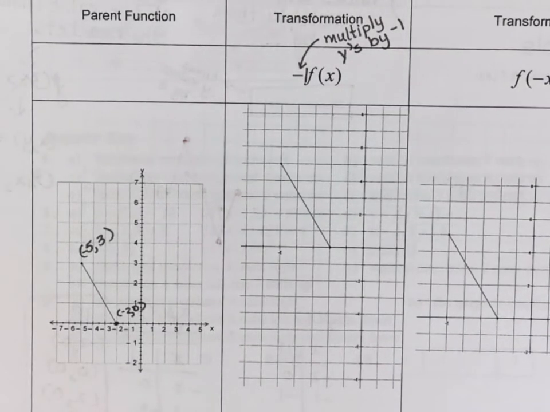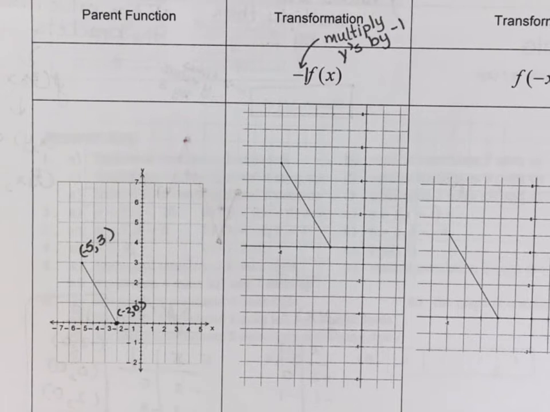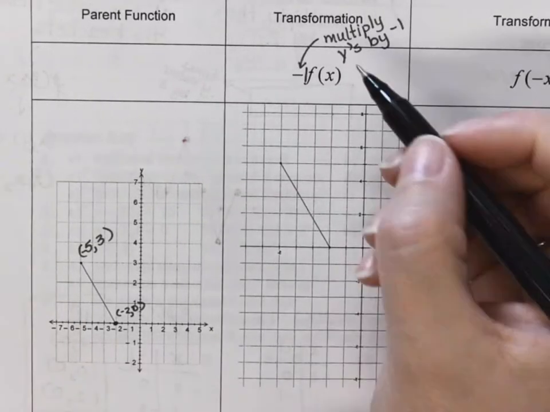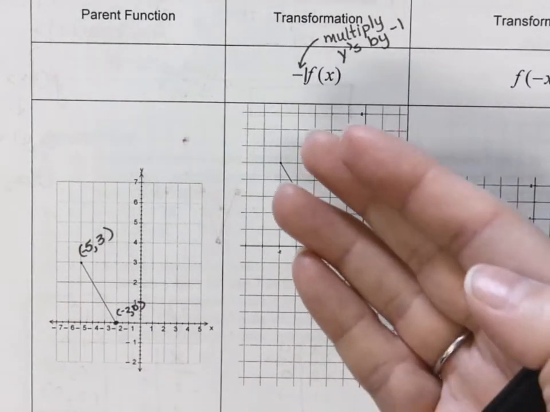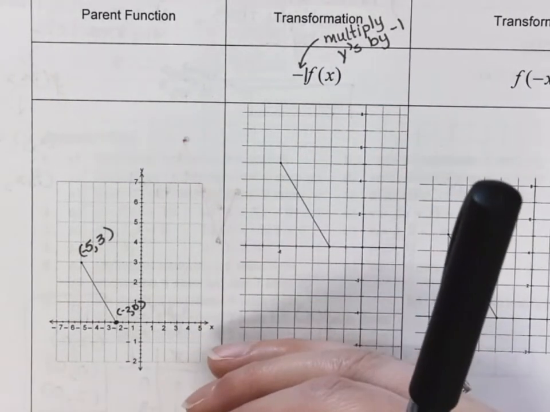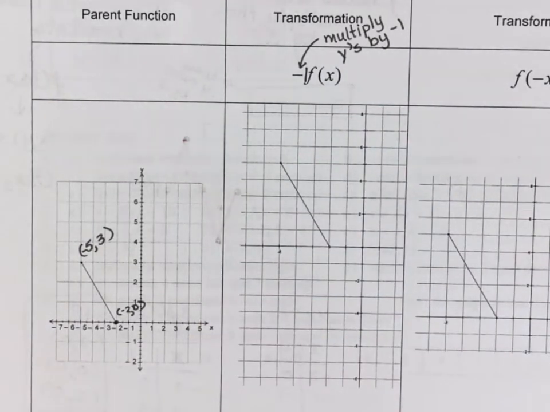I've got to be honest with you, visualization is not my strong suit. But what I know is if I'm multiplying the y's by -1, what's going to happen is my graph is going to flip down. So what am I reflected in? In the x-axis.